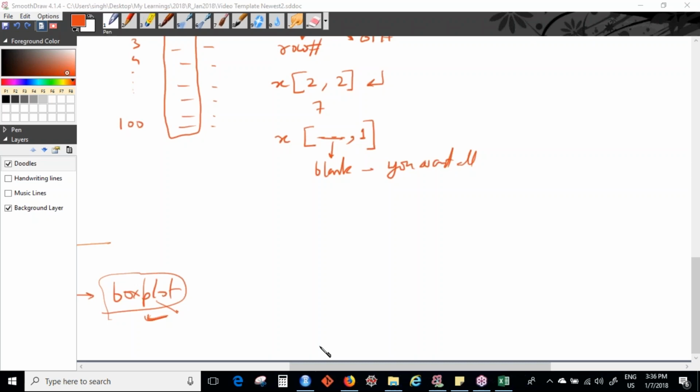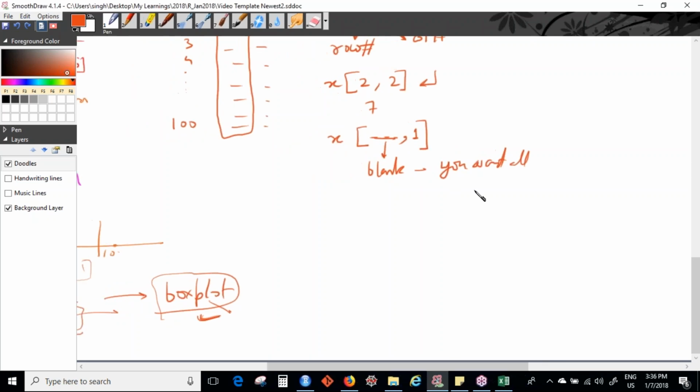Okay, so there's one more thing on vectors that we can discuss now, which is we can also subset a vector by giving some conditions. Okay, you can apply some conditions on a vector and select few elements based on that condition. So for example, let's say you have a vector called x.